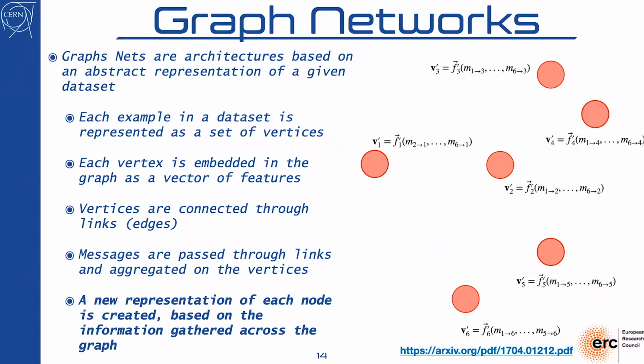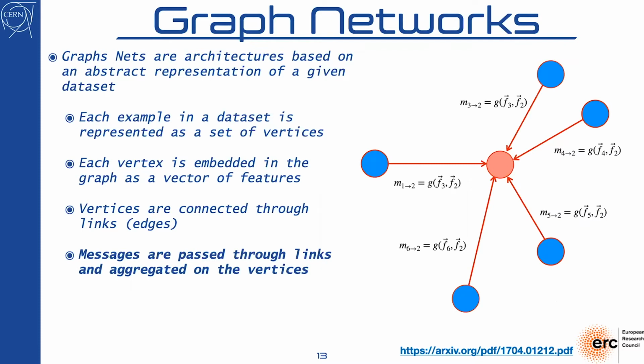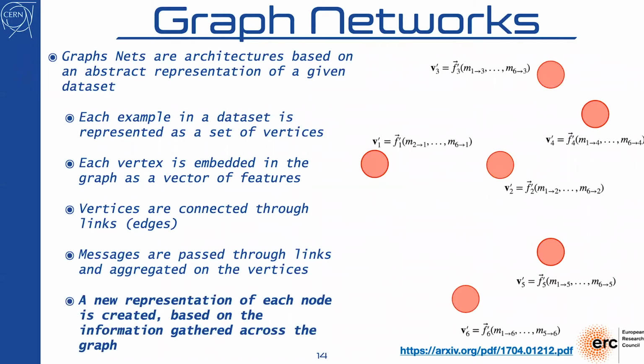And then this builds a new representation of your single objects, because once you gather these messages, a gathering function typically could be the average of all the messages, the maximum of the messages, or so on. This creates a new feature that you can append to the vector that defines your vertex. And so now you have a new representation of your vertex. The vertex is the same.